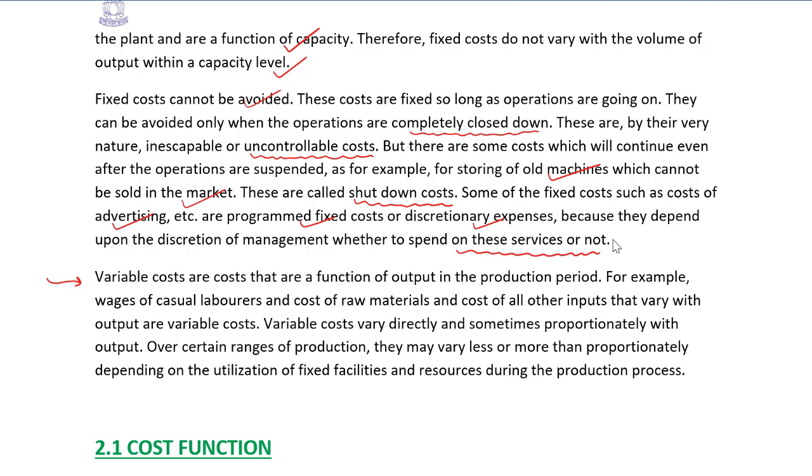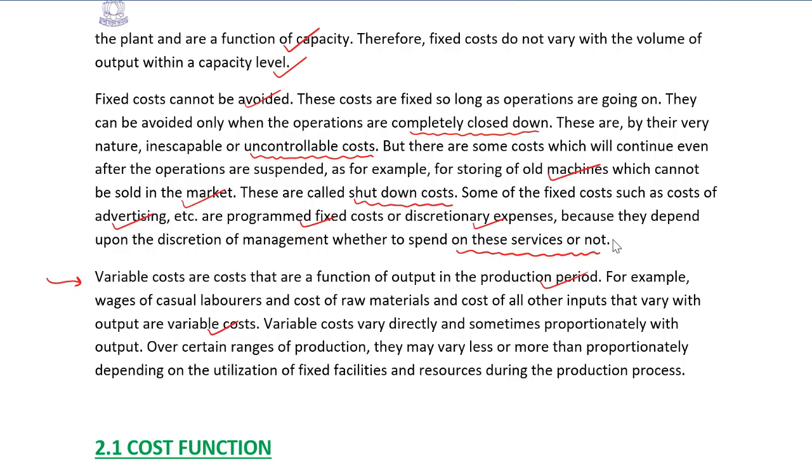Let's see variable cost. So variable costs are the costs that are functions of output in the production period. For example, wages of casual laborers and cost of raw materials and cost of all other inputs that change with output are variable cost. So supposing we are increasing or decreasing the output, along with the increase or decrease in output, the raw material cost is changing, the oiling cost, greasing cost, maintenance cost of machinery.